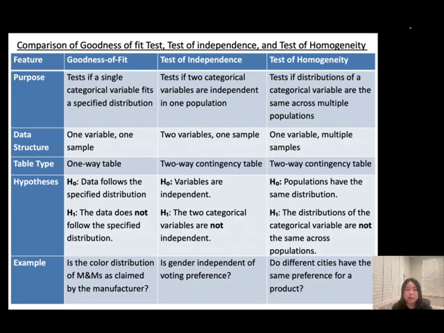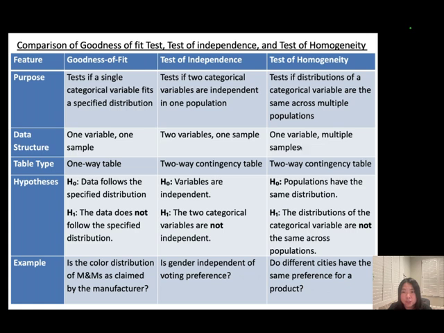Now we're going to compare the goodness of fit test, the test of independence, and the test of homogeneity. So you can see from this table, for the purpose, the goodness of fit test only has one variable and one sample. Test of independence has two variables but only one sample, and they want to test if they are dependent or independent.